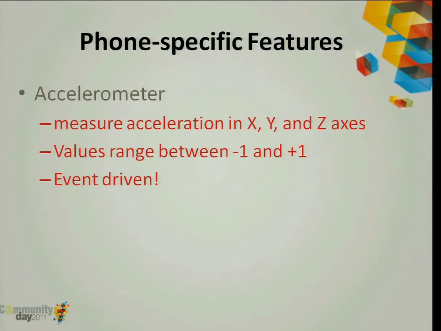The odd thing about this is that, contrary to all other things in XNA, it's event-driven. For touch, you just have a class where you call getState. For the accelerometer, you have an event-driven model, because it's actually the same as Silverlight's model.